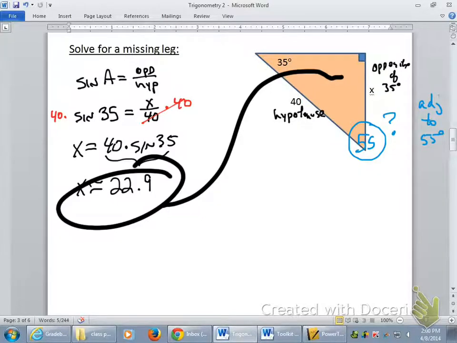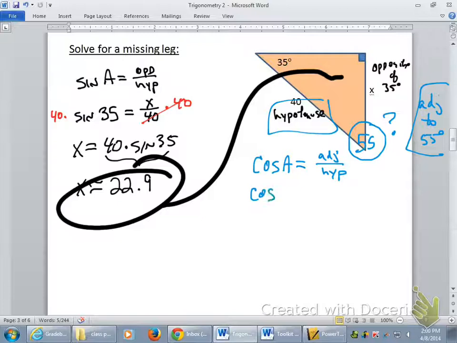So could I have done this problem using the adjacent and the hypotenuse? Yes. What definition uses adjacent? Cosine. So you could have done the problem with adjacent over hypotenuse, and this time it would have been cosine of 55 degrees equals x over 40.